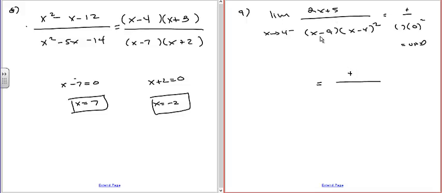Now here I can plug in 4. 4 minus 9 is negative 5, so that's negative. And you can really say that's positive because anything squared is going to be positive. So again, we have an odd number of negatives, so the answer is negative infinity.